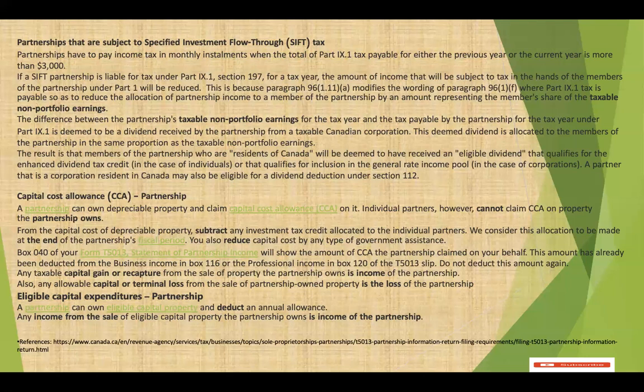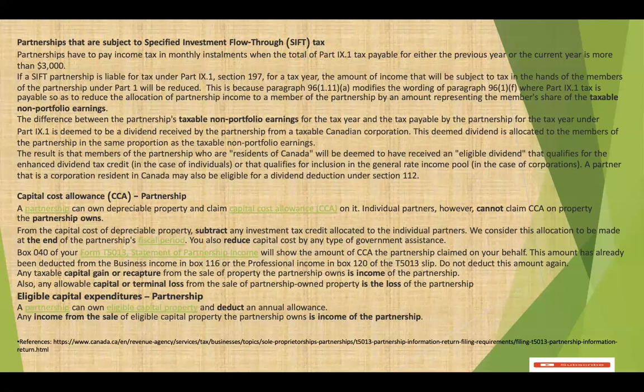Let's look at the capital cost allowance for partnerships. A partnership can own depreciable property and can claim capital cost allowance on it. Individual partners, however, cannot claim CCA, that is capital cost allowance, on property the partnership owns.